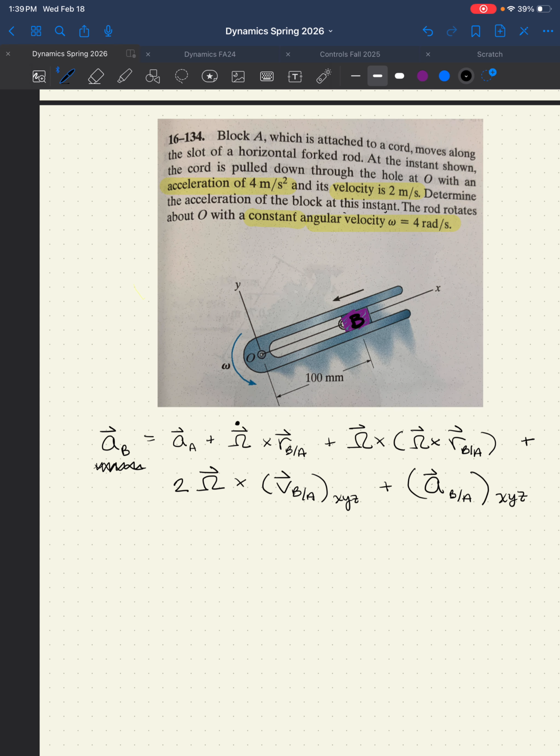So, the ant is moving relative to the frisbee. Well, what's the frisbee? Well, I think the frisbee is probably this forked rod, because this forked rod is a completely different rigid body, but B is moving on this forked rod, and this forked rod in and of itself is doing fixed axis rotation about O.